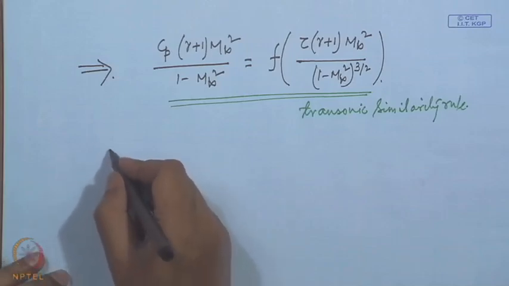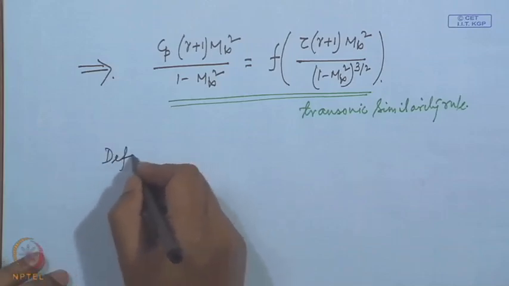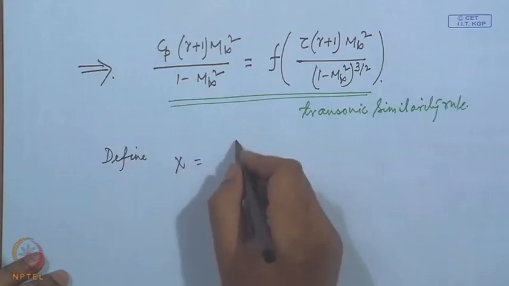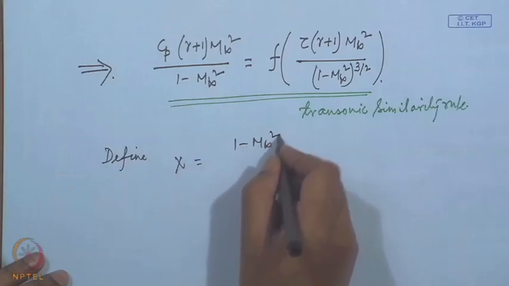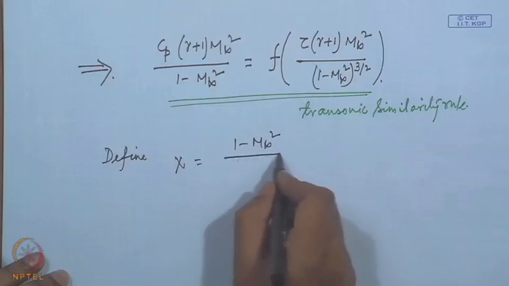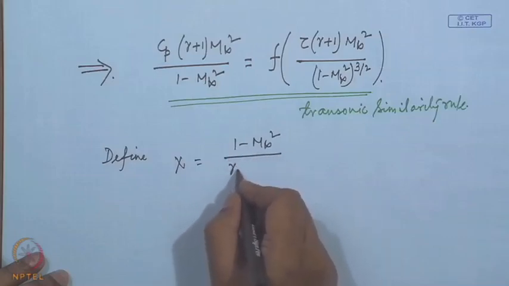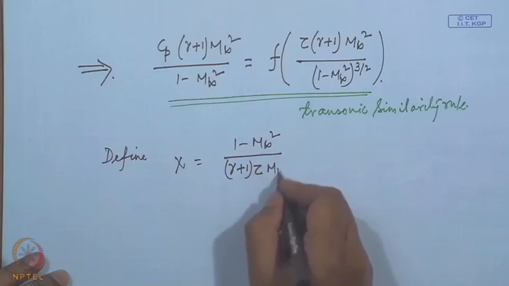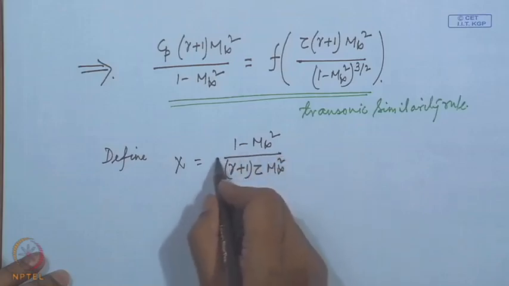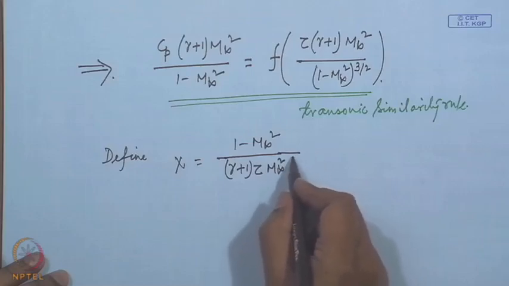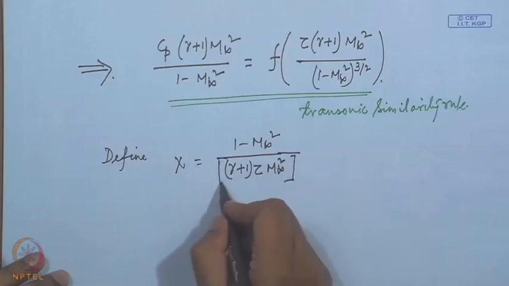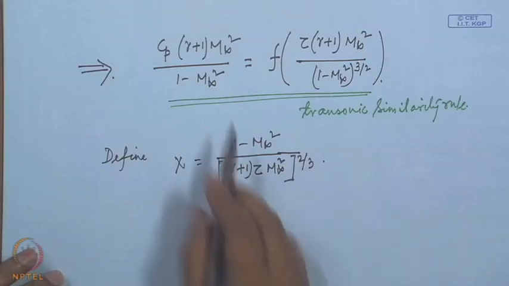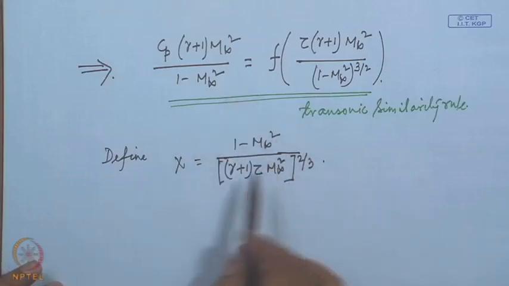Now, we define a parameter chi, which is 1 minus M infinity square by gamma plus 1 into tau M infinity square to the power 2 by 3 and multiply both sides by this.